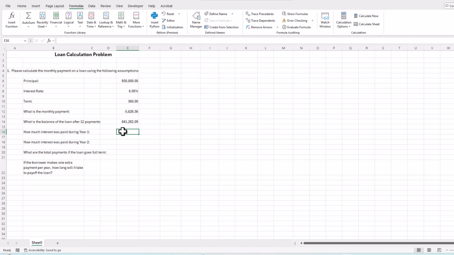So let's do that. What was the principal paydown? Well, it's the difference between $850,000 minus the $841,000. That's the principal paydown. The only other thing I have to really calculate now is what's the total of 12 payments of $5,626?